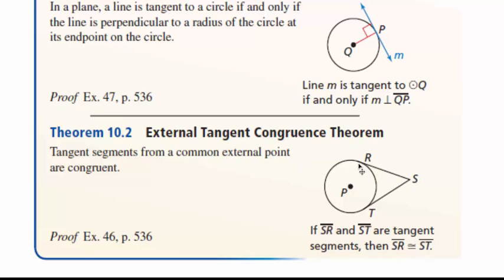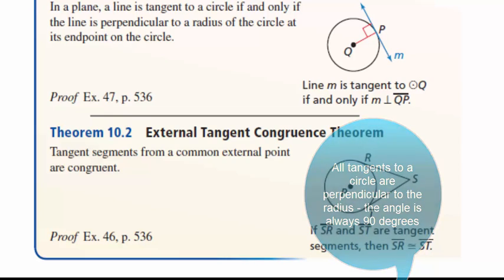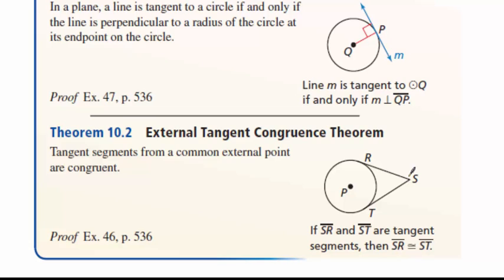So S is on both tangent lines, and these are both tangent lines. These 2 segments are equal. Every single tangent is going to have a 90-degree angle, so that's going to give us a lot of clues that we can use to find some missing parts.